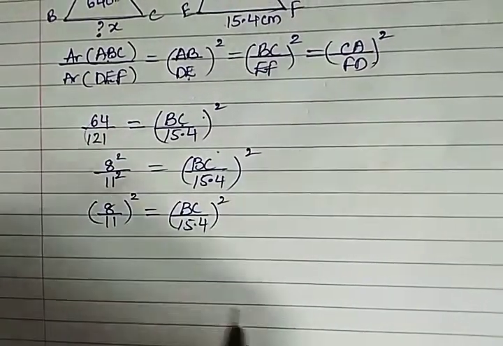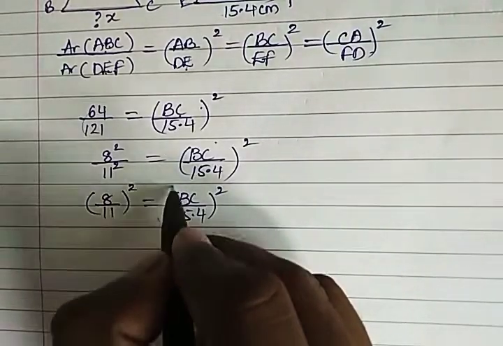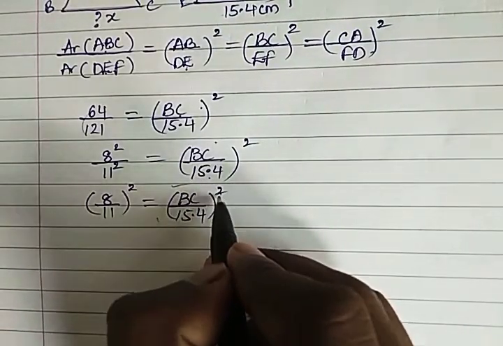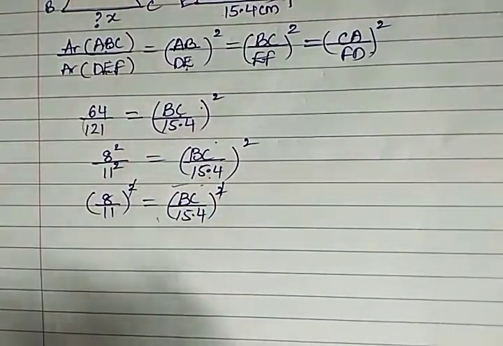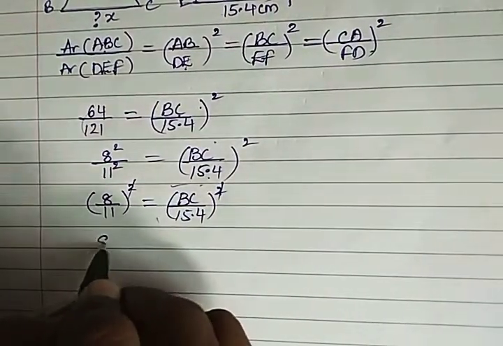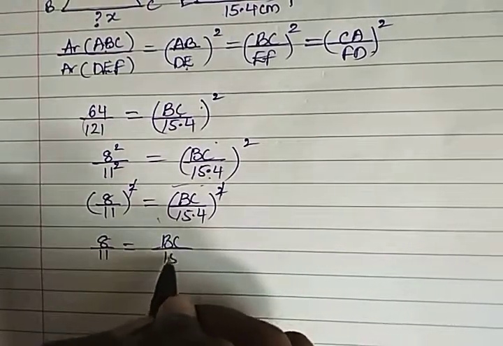The squares on both sides get cancelled. Otherwise, if this square goes to the other side, it becomes a square root, and the square and root cancel each other. So directly we can cancel both the squares on both sides. Now it is 8 by 11 is equal to BC by 15.4.